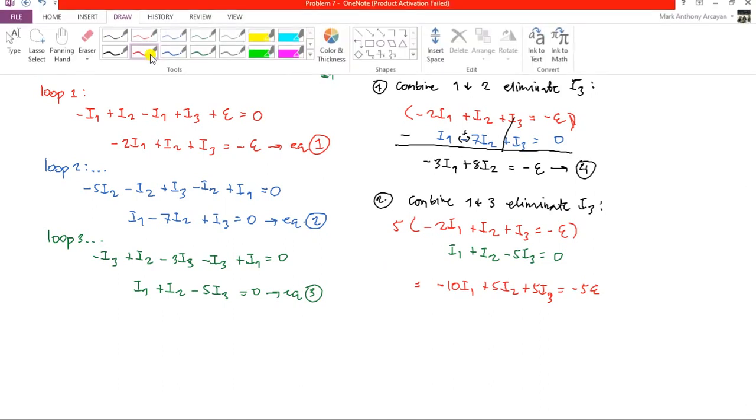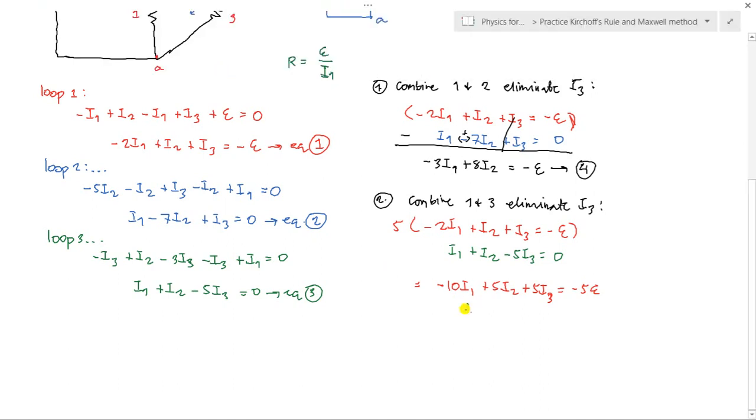Write also the I3 equation, that would be I1 plus I2 minus 5I3 is equals to 0. So adding these two equations, this would be negative 10 plus 1, so negative 9I1, 5 plus 1 is 6I2, 5 plus negative 5 is 0, then negative 5 plus 0, that is equal to negative 5e. This would be our equation 5.